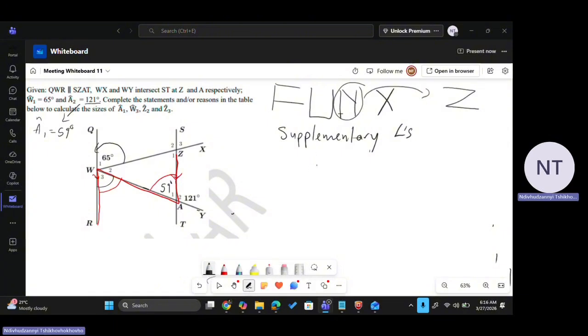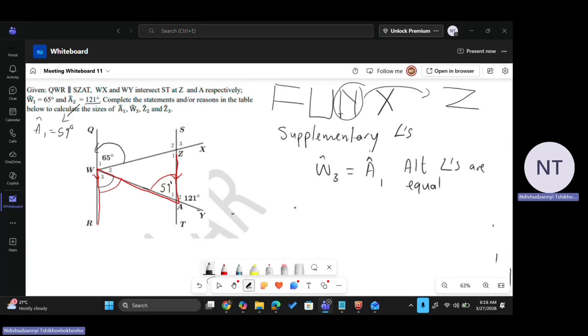And let's solve our answer. So we're looking for angle W3, which is equals to A1. So you saw this guy we solved on the previous question where we got 59. So your reason is going to say alternating angles are equal. See, it's nice.